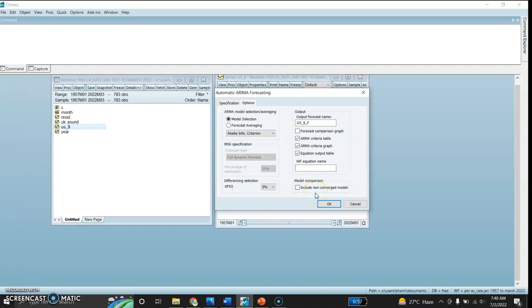So it will give me the equation output, and then the criteria table, and then the ARIMA criteria graph.